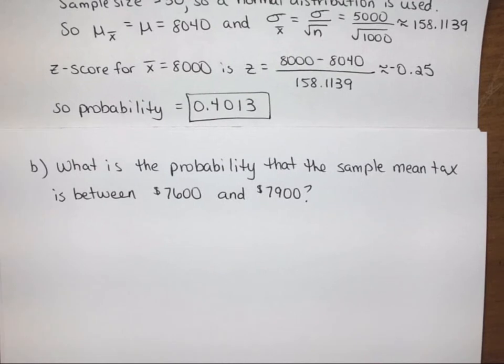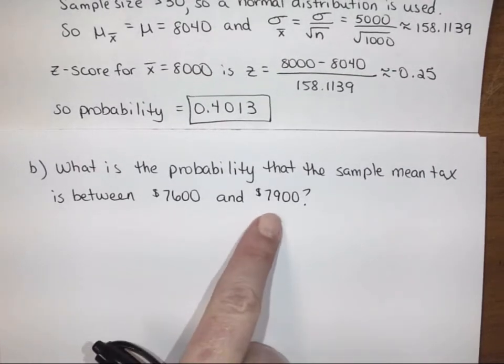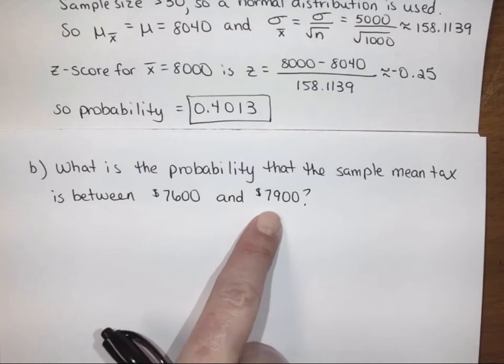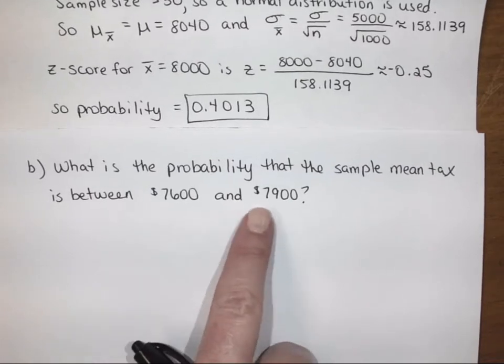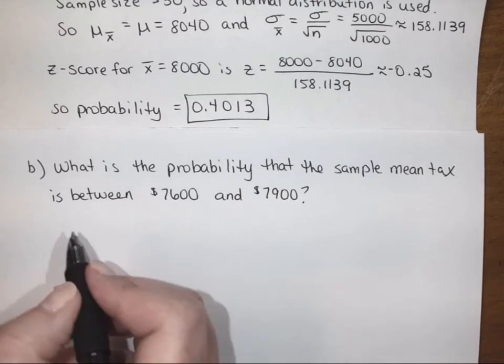We've done problems like this a lot before, right? We just need to find z-scores for both of these values, look to see what proportion each z-score matches up with, and then subtract the two. That's the gist of what we're going to do.